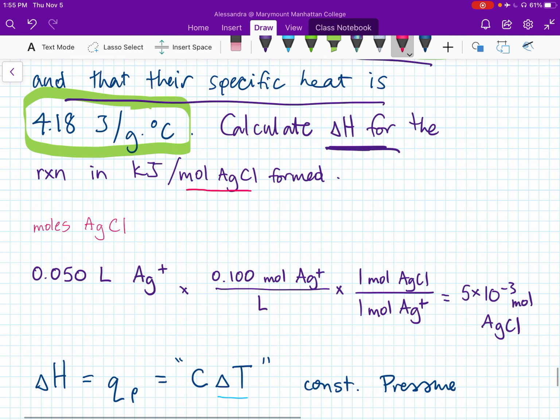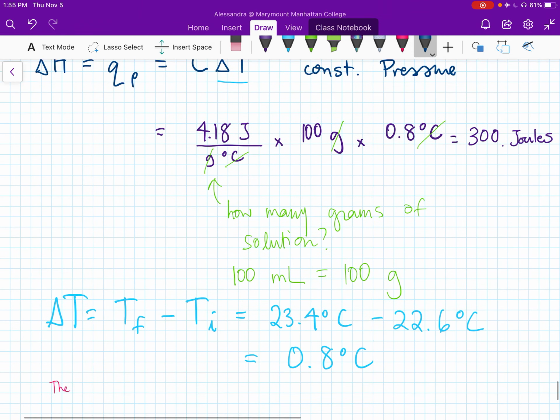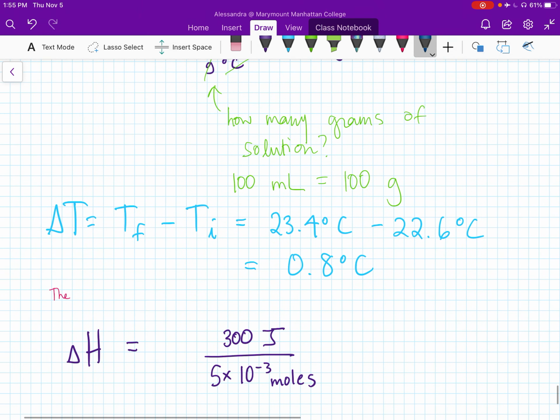I want to calculate the delta H for the reaction. So the reaction is the system. That means that from the point of view of the system, this delta H is negative. The solution is getting warmer, so the reaction is exothermic. And from the point of view of the system, the delta H is negative. The heat is flowing from the reaction into the surrounding solution.